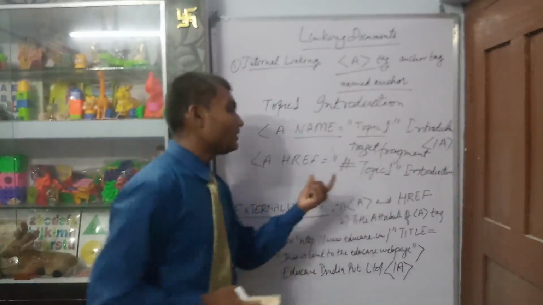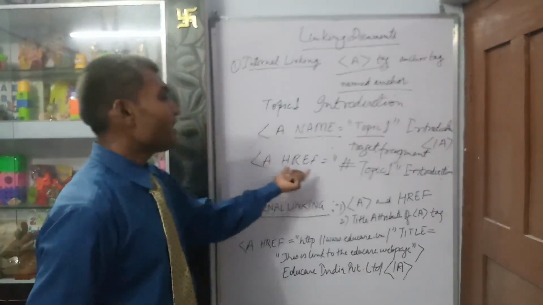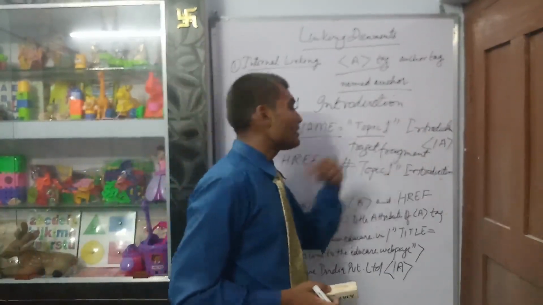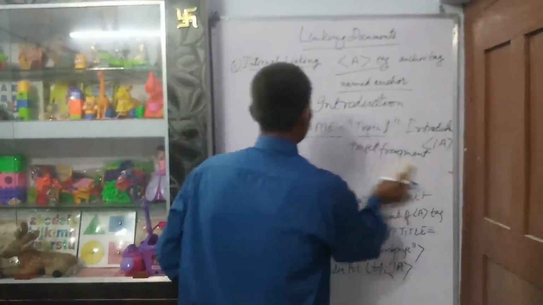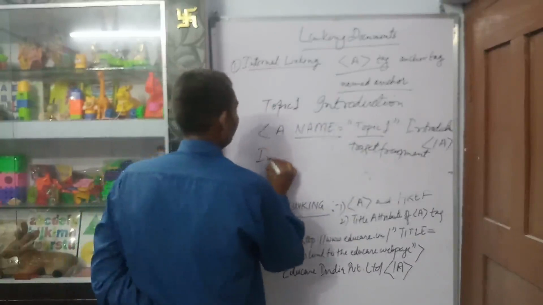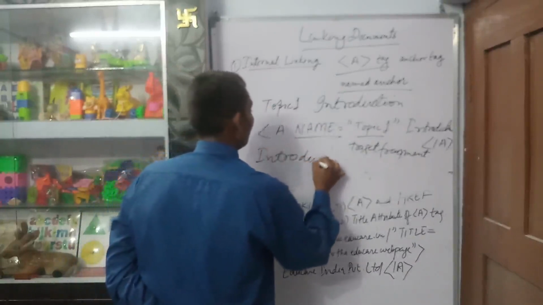When you use this type of code, a href equal to hash topic 1, introduction, you get introduction in an underlined manner.